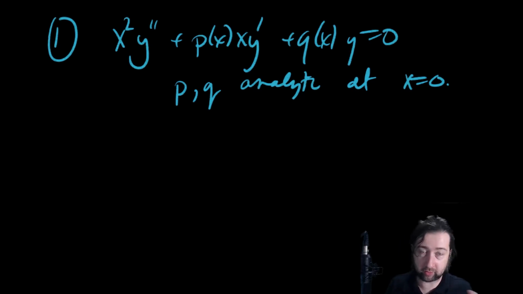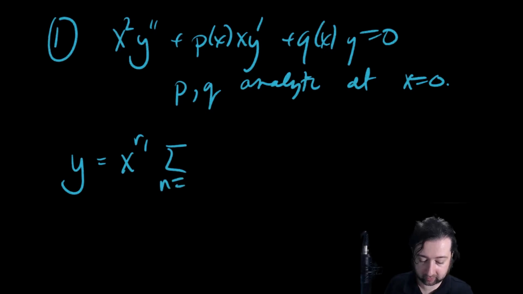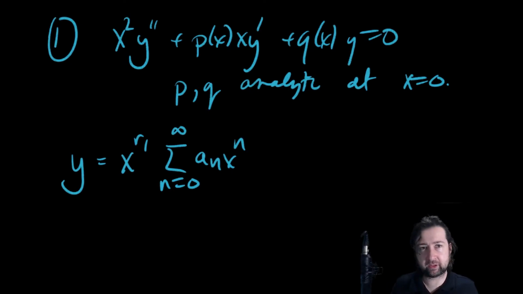Well, the method of solution of this equation was to write down that y was equal to x to the r1 times the sum from n equals 0 to infinity of a_n x to the n. And whatever y2 was heavily dependent on certain extra factors, right?